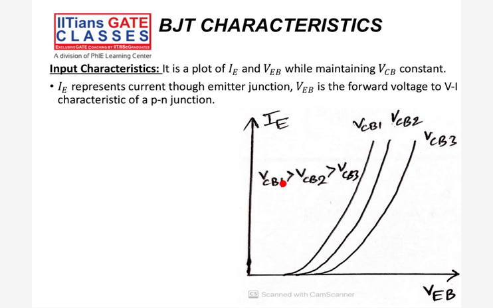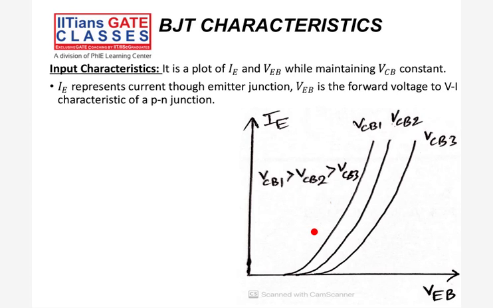VCB is the voltage across the collector junction, and if it is increased, we can see this is the smallest value. If we increase it, this graph will be moving upward. So we'll see how it is.